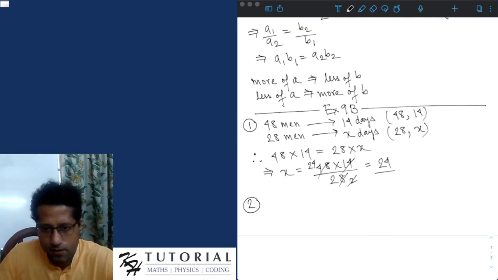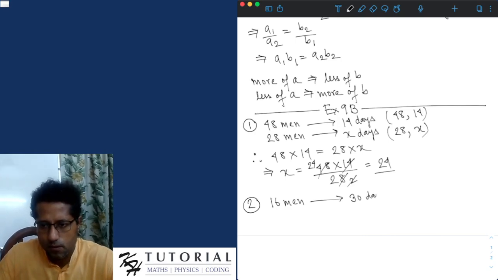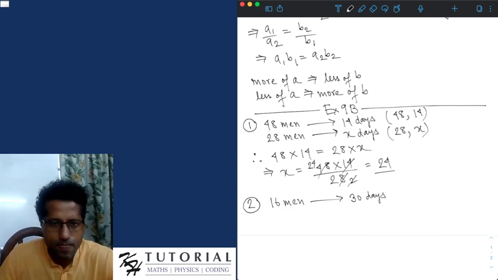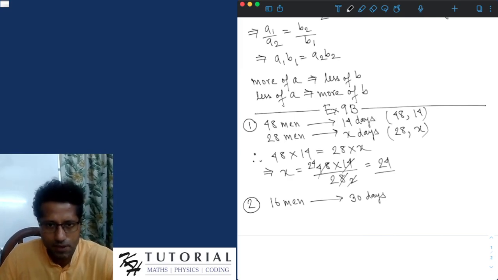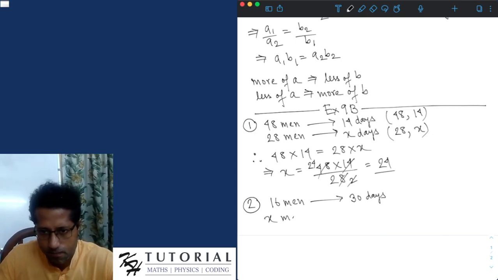So it is given that 16 men are taking 30 days to reap a field, and it is asking how many men must be engaged to reap the same field in 24 days. So let's say X men need to be engaged to reap the same field in 24 days.